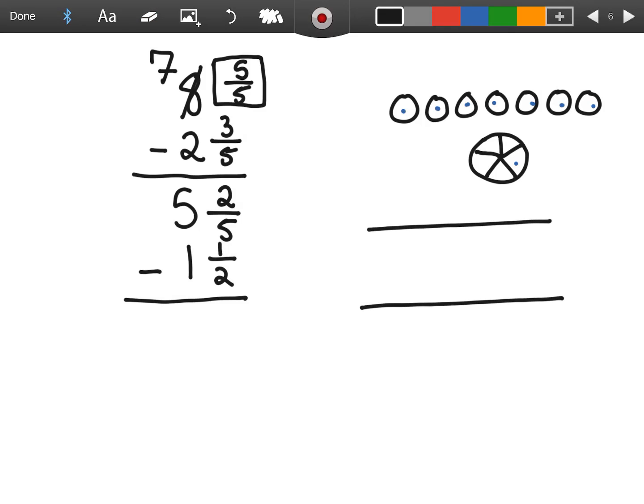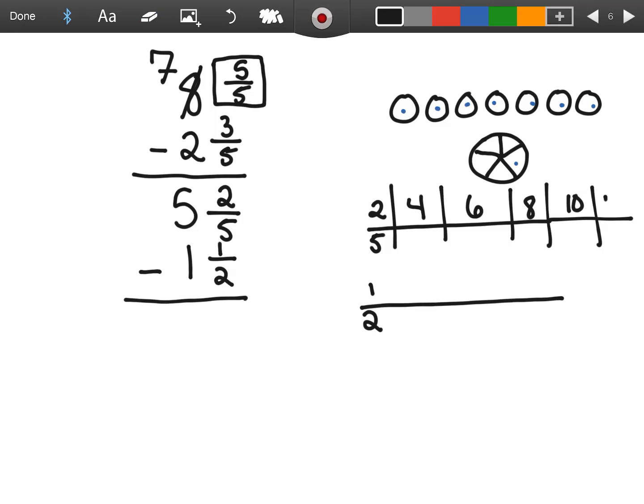So I like to make my bar charts, and I put 2/5 and 1/2. First I'm going to just count by twos. So 2, 4, 6, 8, 10, 12. Then count by fives. 5, 10, 15, 20, 25, 30.